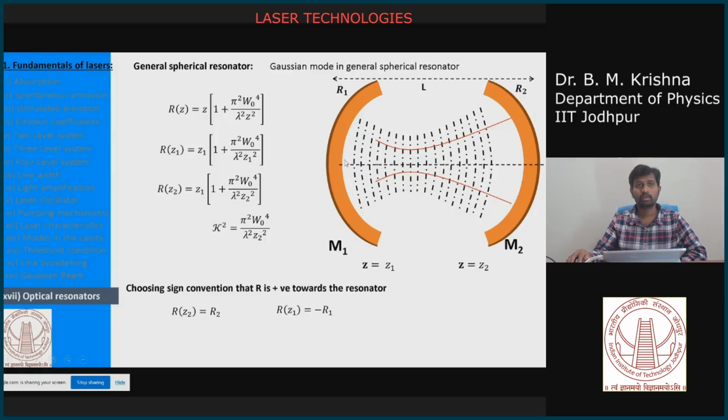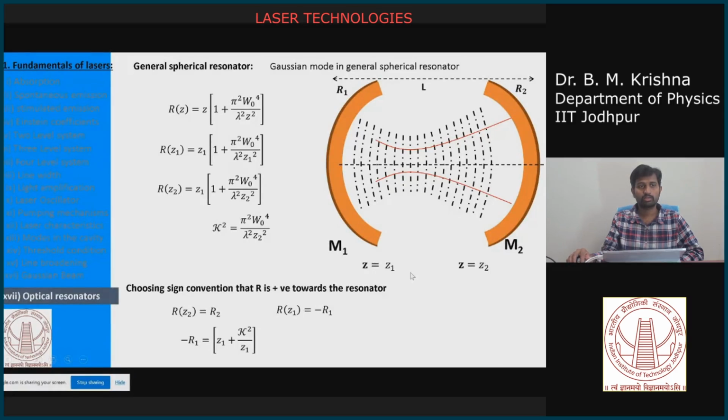This is the sign convention as you see it from your laser resonator. When you go towards the laser resonator and see a concave surface, that becomes positive. This is the sign convention I am choosing. So R of Z2 equals R2, and R of Z1 becomes minus R1.